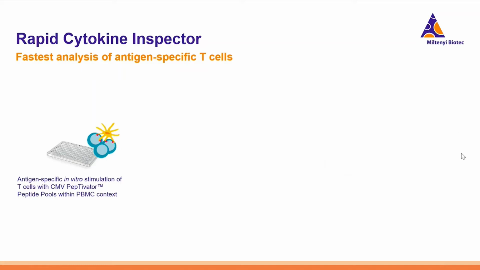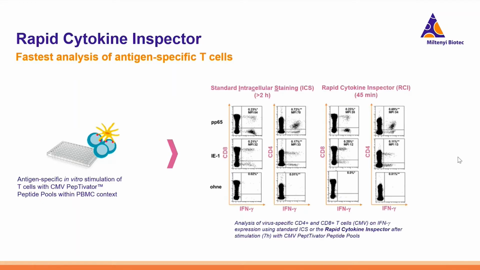In this example, T cells within the PBMC context were stimulated with CMV peptide pools, so our PepTivators, PP65 and immediate early, and the frequency of CMV reactive CD4 and CD8 T cells were analyzed by assessing interferon gamma expression. Hereby, classical intracellular staining with the handmade protocol and our Rapid Cytokine Inspector kits were compared.